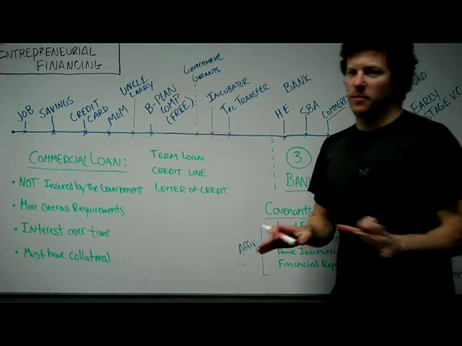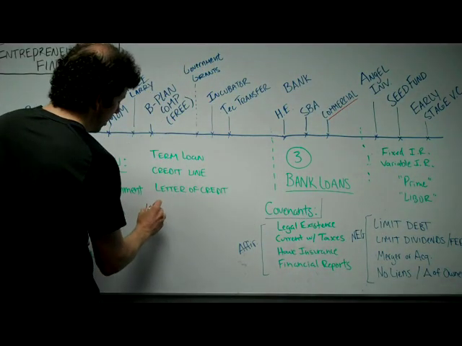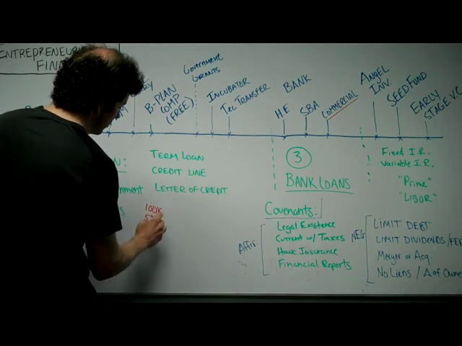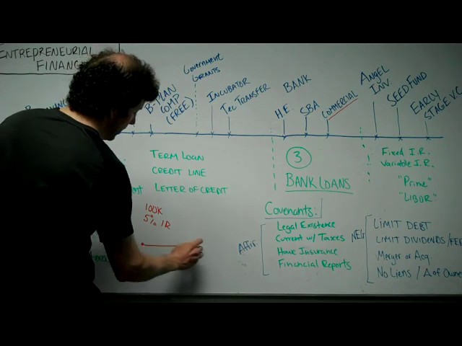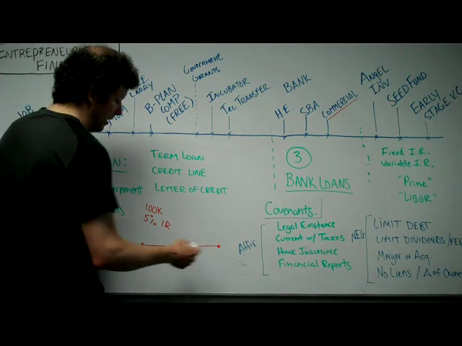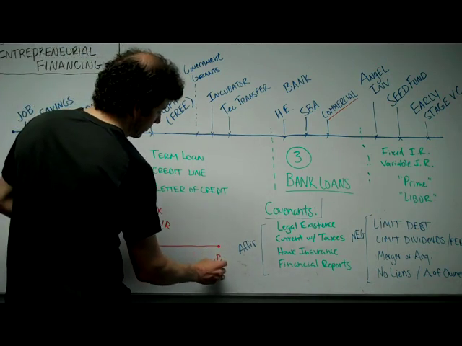And just as a reminder, remember that if I borrow $100,000 and I have to pay a 5% interest rate annually, and this is day one, if I'm paying on an annual basis and not on a monthly basis, at the end of the first year, I would have to come up with $5,000 as my interest payment.